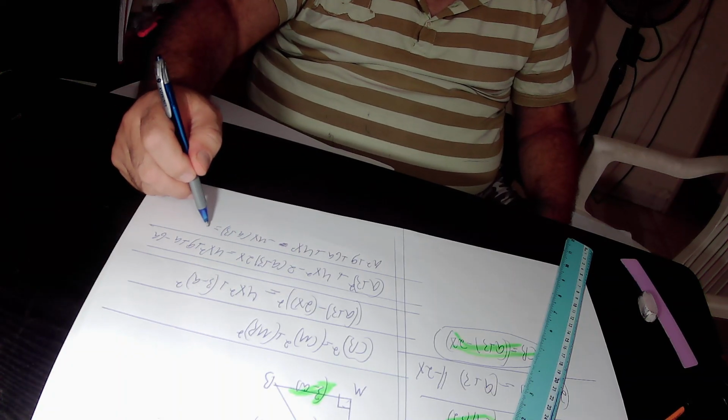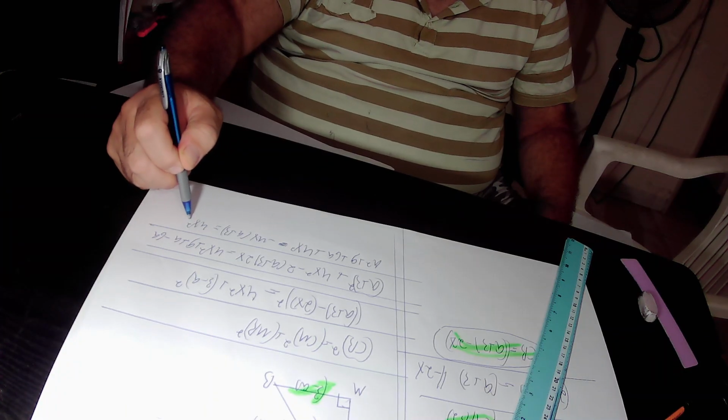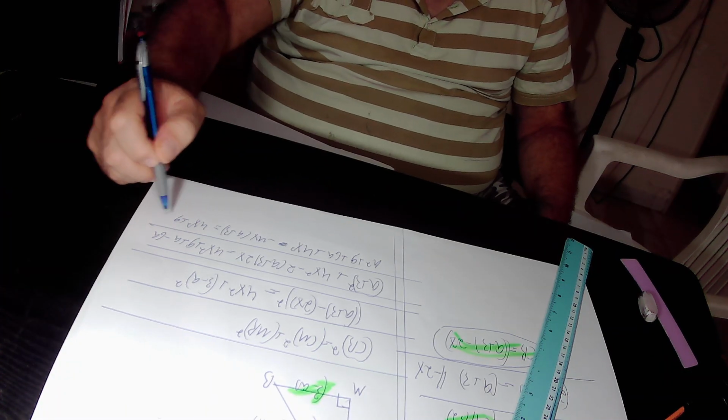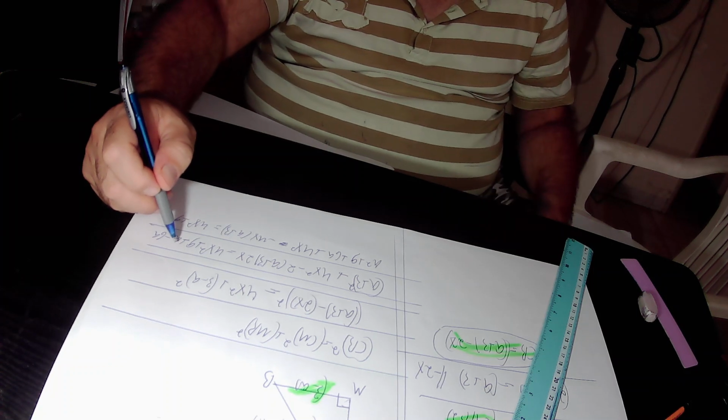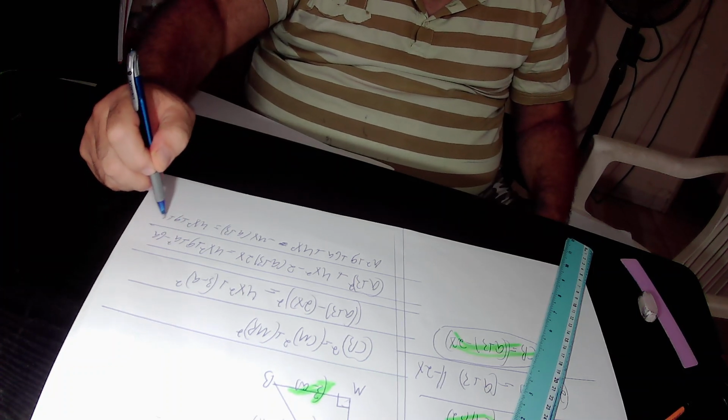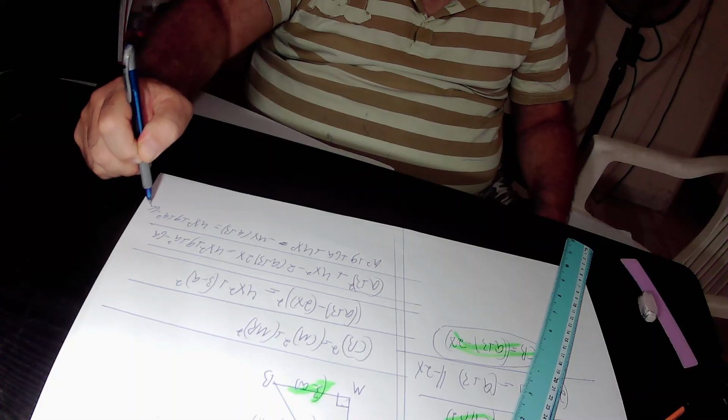And it equals 4x squared plus 9 plus a squared minus 6a.